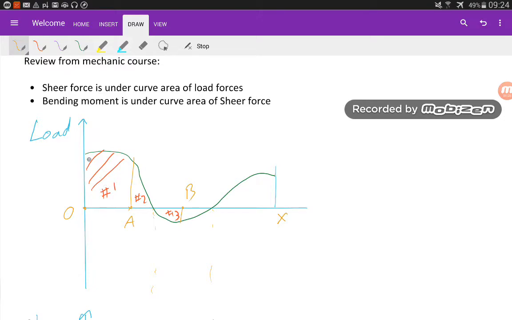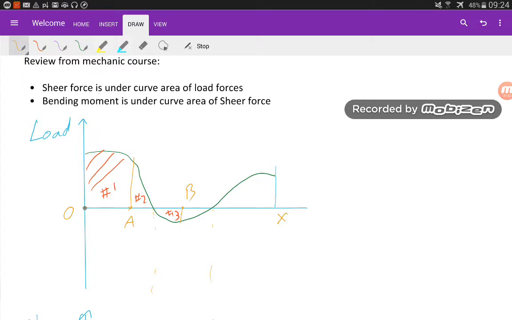So this is the final load curve as a net. What is the positive load and what is the negative load? This green one is the final load on your object.